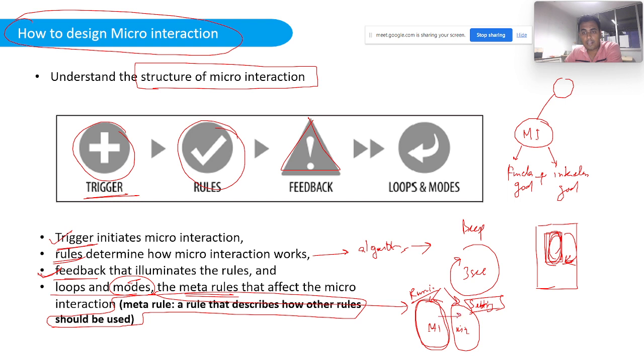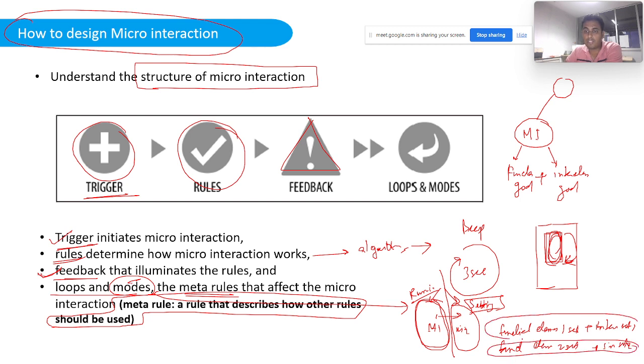So when you try to distinguish different sets of functional elements, functional elements set 1, set 2, plus interaction set 1 plus interaction set 2, when you logically want to establish two different sets of functional as well as interactive elements, then you use the concept of mode, where you logically make distinguishable meta rules to operate a particular system for a certain set of rules.